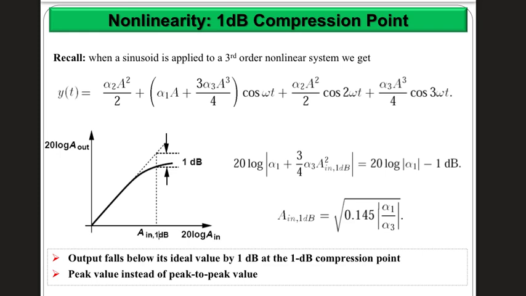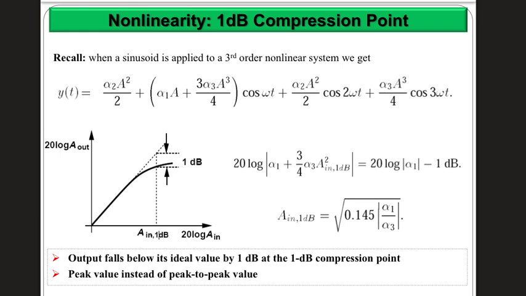The input signal amplitude is A, which is what we call A_in, and the output signal amplitude is whatever is multiplied by the cosine at the output. So whatever is multiplied by the cosine here is alpha 1 A plus 3 alpha 3 A cubed over 4.